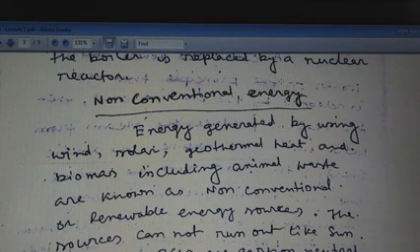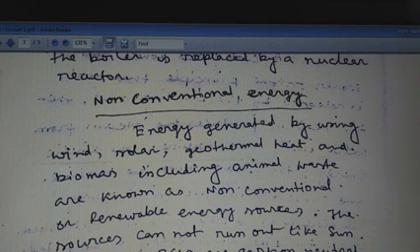Next point, power plants using renewable sources of energy do not have any fuel cost and hence their running cost is negligible. Next point, the renewable sources have low energy density. There is more or less no pollution in this type of energy source.